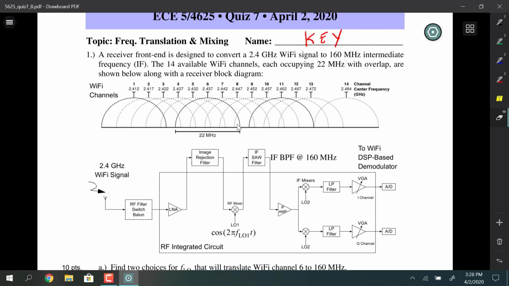This is the ISM band, industrial, scientific, and medical. It's an unlicensed band, and this is where microwave ovens also sit with their magnetron high-power microwave devices for cooking our food.